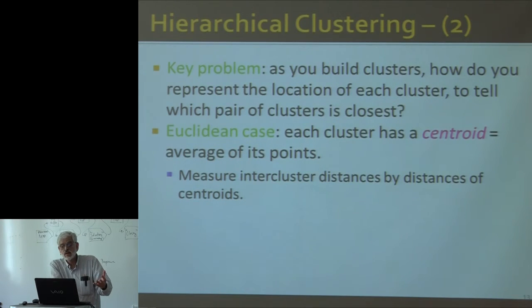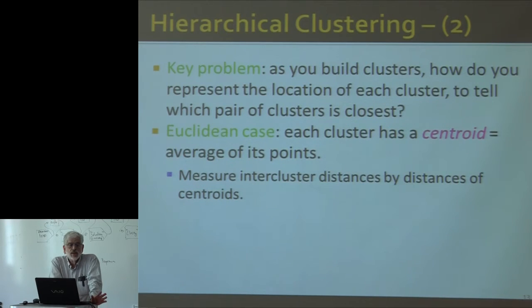Well, again, in the Euclidean case, there's sort of a standard answer. It's the centroid, it's the average of the points. And if that's the case, then it generally makes sense to measure the distance between two clusters as the distance between the centroids of the clusters.